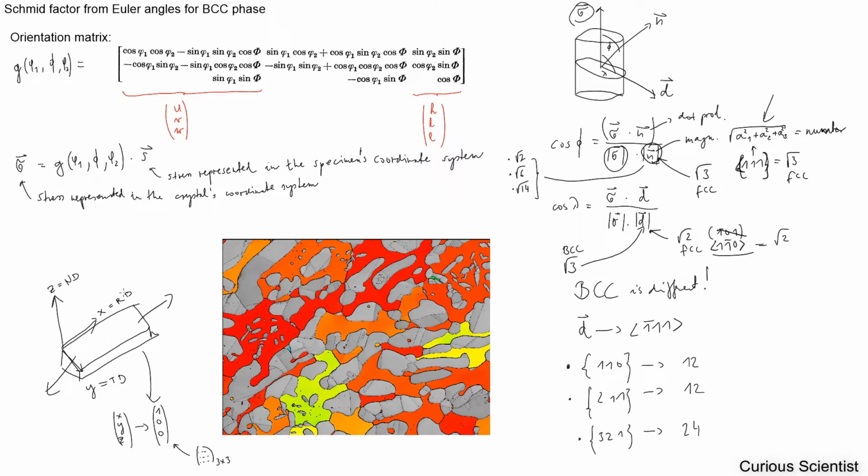So the specimen's coordinate system needs to be rotated to match the crystal's coordinate system, and the rotation operation between the two coordinate systems can be done through 3 consecutive rotations, and these 3 consecutive rotations contain the Euler angles.